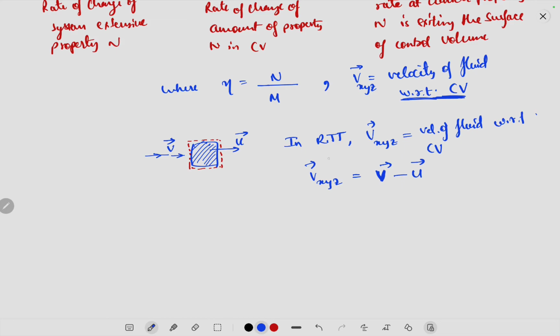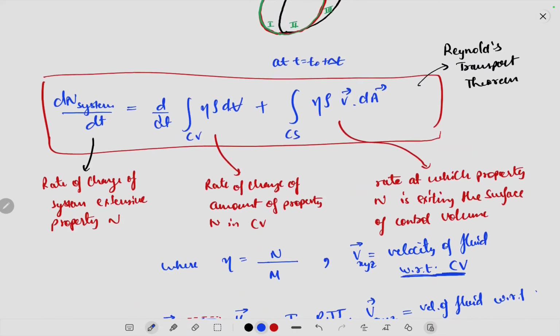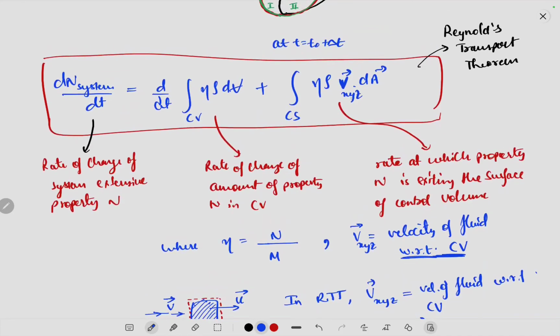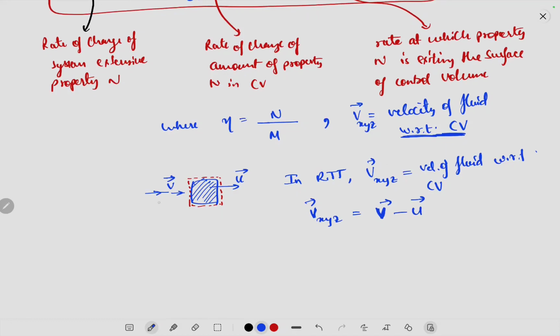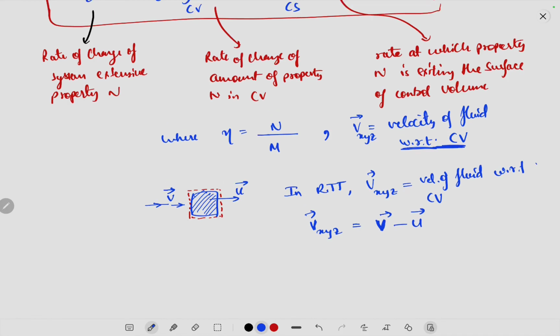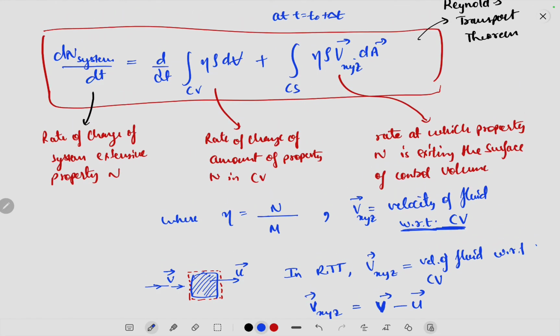So this is v vector xyz, where v xyz is the velocity of the fluid with respect to control volume, and for problems like this we first have to find the velocity of the fluid with respect to the control volume, and that velocity we plug into this expression.